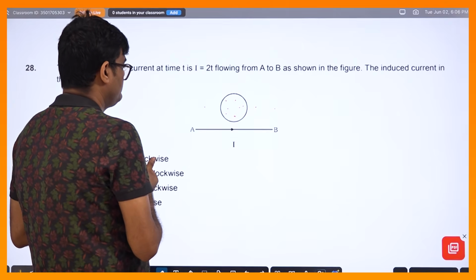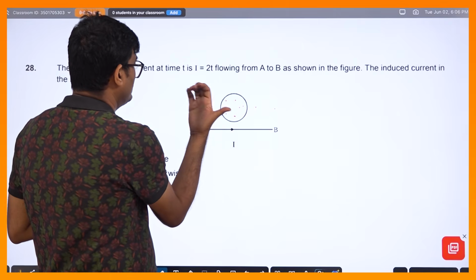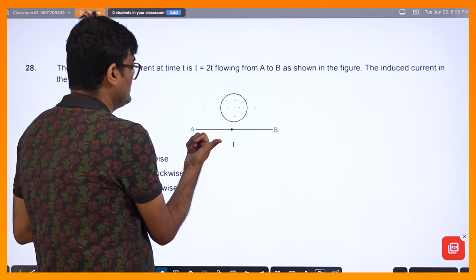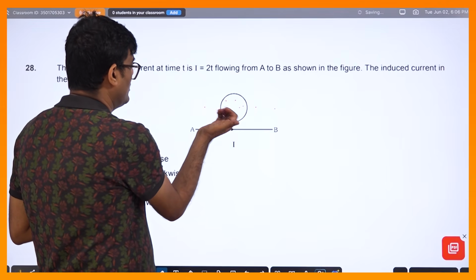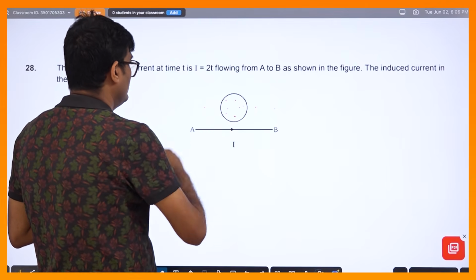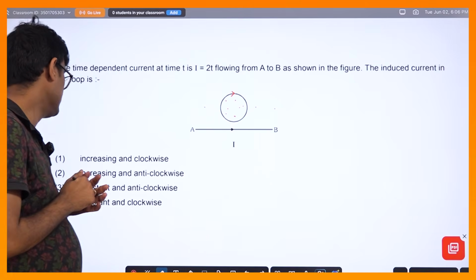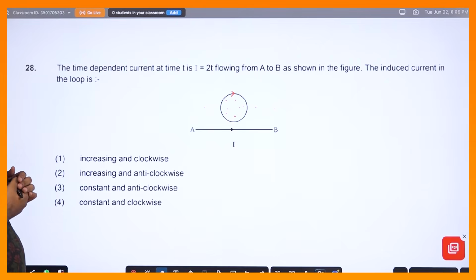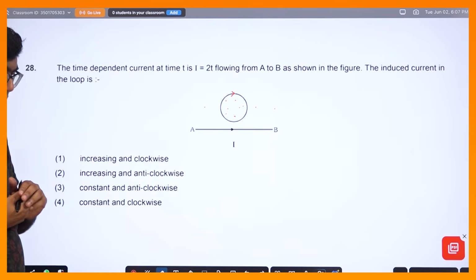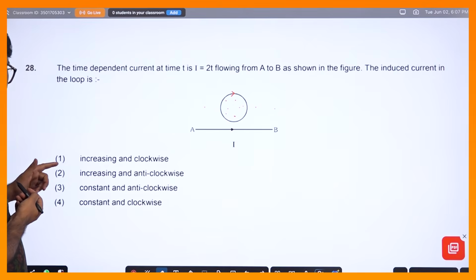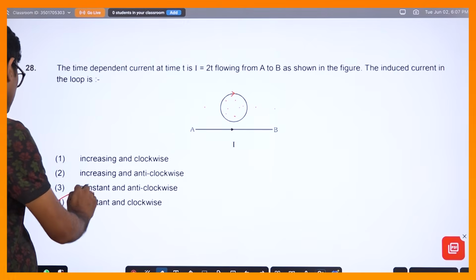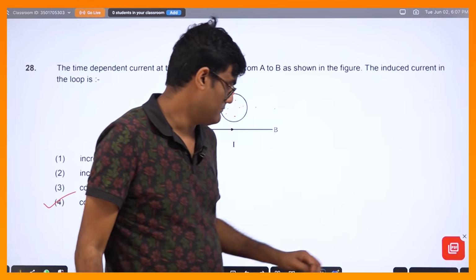So if the current is increasing, then the dot magnetic field is increasing, so the induced EMF will be clockwise, right? And the induced EMF will be constant because di by dt is a constant here. Increasing, so clockwise and constant. Option 4 is the correct choice for this question.